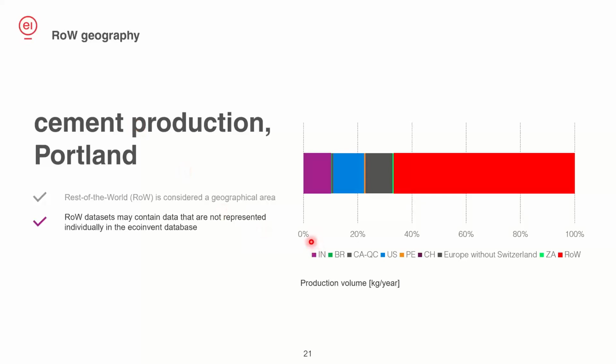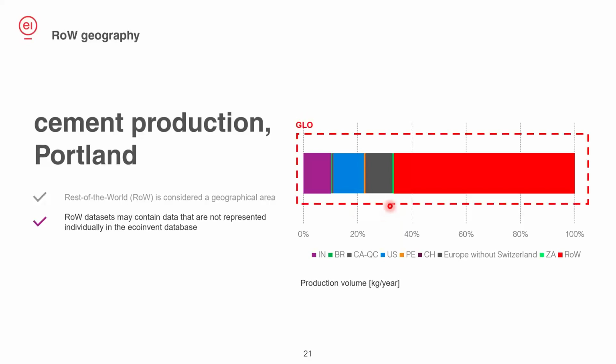In this case, we model as specific datasets around 35% of the global production. So the rest of the world represents around 65% of the global production volume. And here also the rest of the world includes different countries.